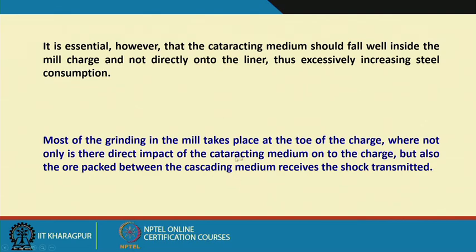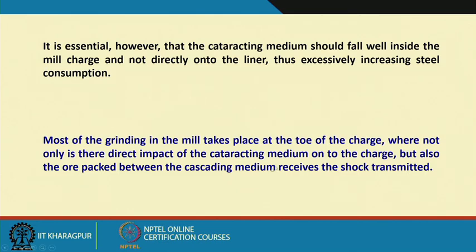Most of the grinding in the mill takes place at the toe of the charge. I think you remember the toe, where the entire material is falling. There, not only is there direct impact of the counteracting medium on the charge, but also the ore packed between the cascading medium receives the shock transmitted, because it is also starting to cascade from there.